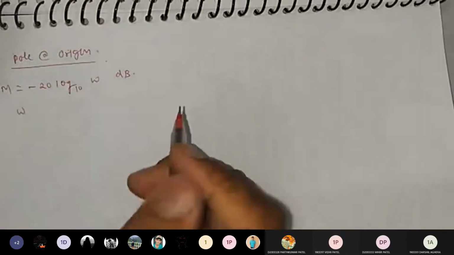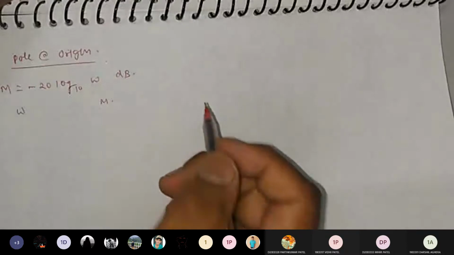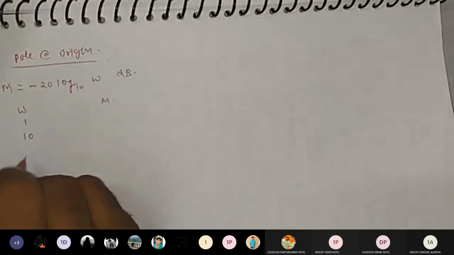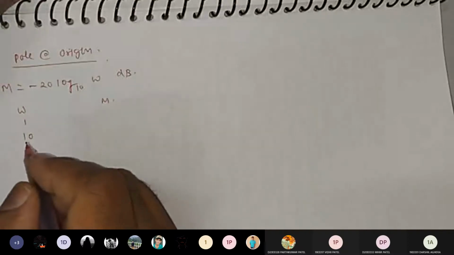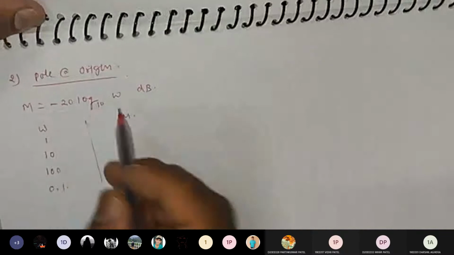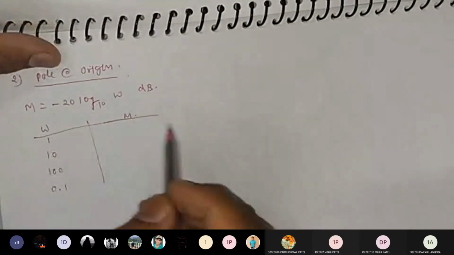So I'm varying the value of omega, and I will note down the value of M. Okay, let us say put the value of omega is equal to 1, 10, 100 and 0.1. You have to put the value of omega in this equation. Can you tell me the magnitude value? Put the value in the calculator.